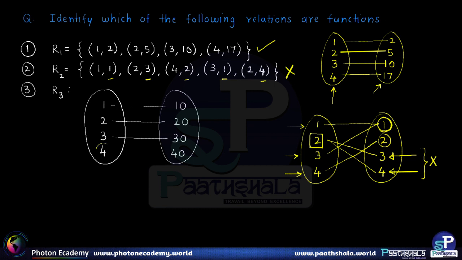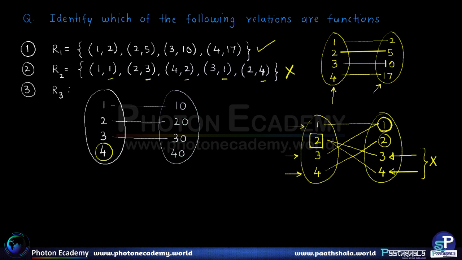But we observe that there is one element in the first set which does not have any image in the second set. So this violates the first part of the condition mentioned in the definition of the function, right? As we want each element of the first set to have a unique image. So therefore, since it is not satisfied here, this relation is not a function, alright?